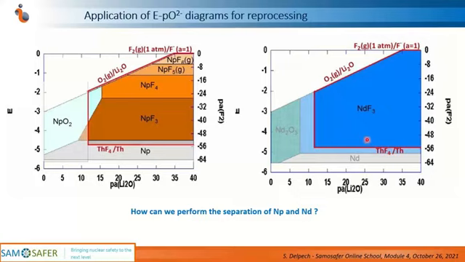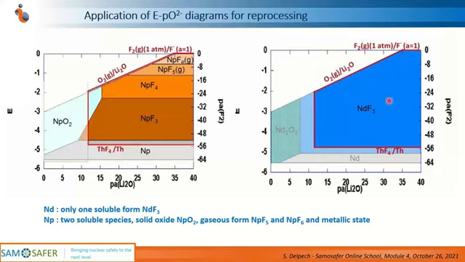First we have to describe what we have. For neodymium, we have only one soluble species, NdF3, with no other species stable in all the domain of stability of our solvent. In the case of neptunium, it's more difficult, there are more options. Two soluble species, NpF3 and NpF4, and at very high potential values, two gaseous forms, NpF5 and NpF6.